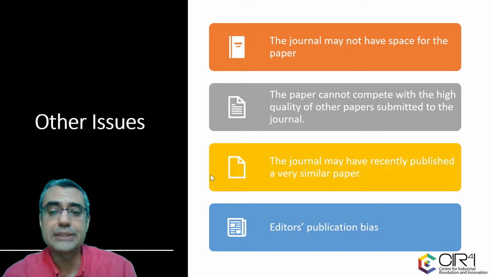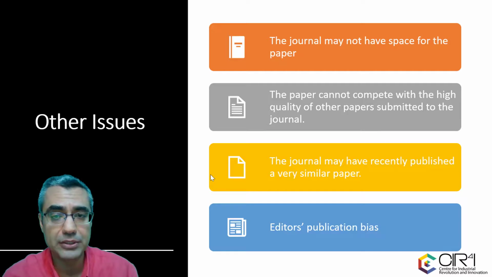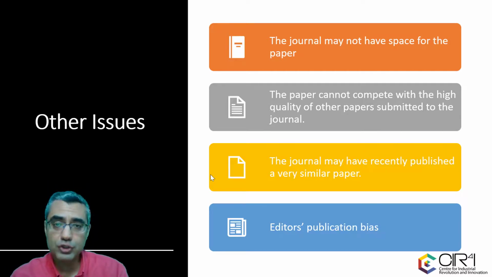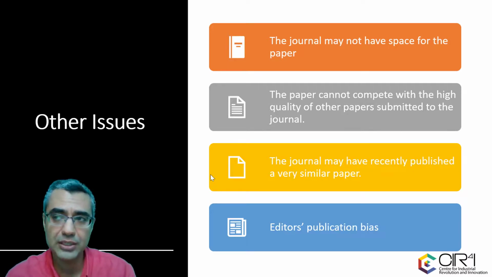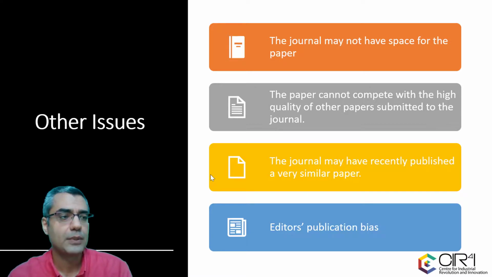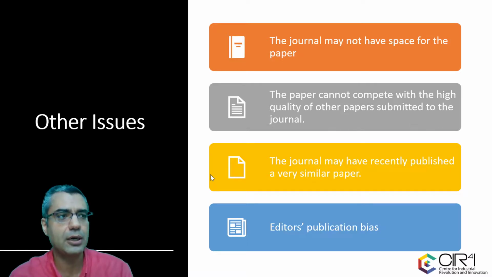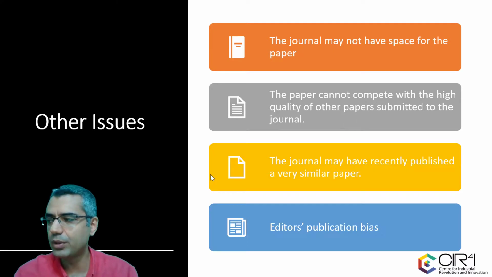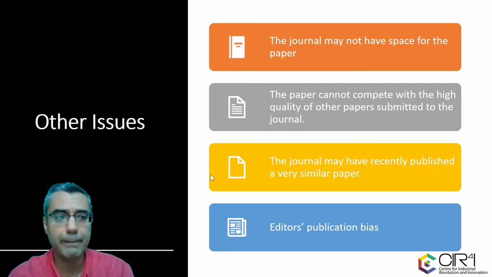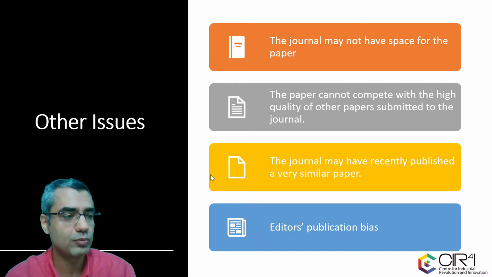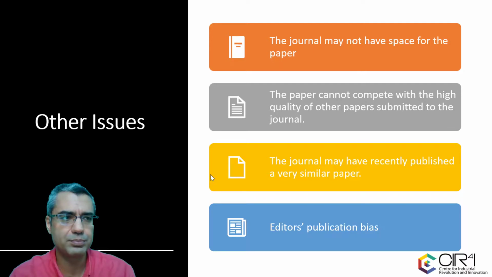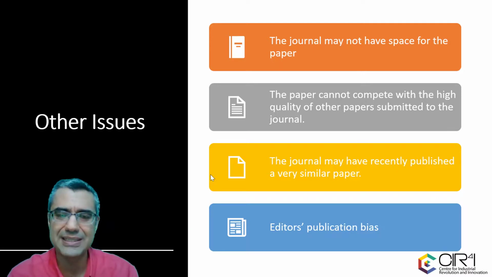And of course, there may be editor's publication bias. For my journals, for example, we don't check who the authors of the paper are. We check the paper itself. But I have talked to some editors, and they have mentioned this. For example, one of them told me that they received many papers from a specific country that I don't want to mention here, and almost all of them were really poor and not written well, at least not up to the standards that they expect.